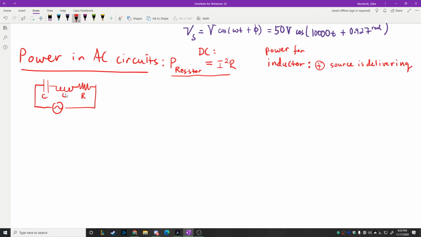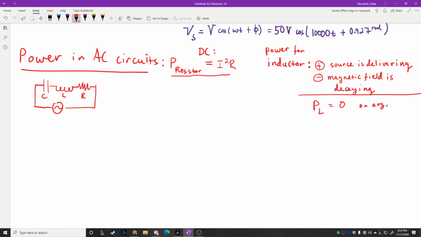So the source is delivering power, and we call that positive, and that power gets built up into the magnetic field of the inductor. It's negative when the magnetic field is decaying. And if it's a true inductor, the sum of this over time is that the power for the inductor is 0 on average.